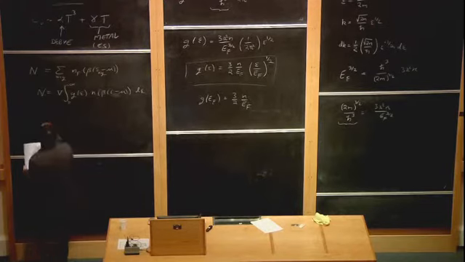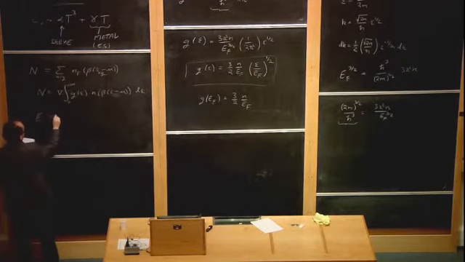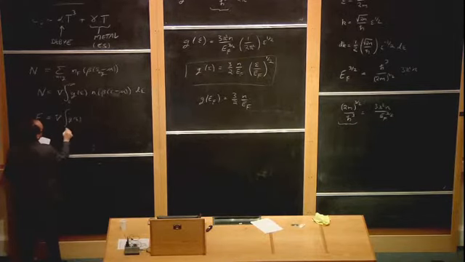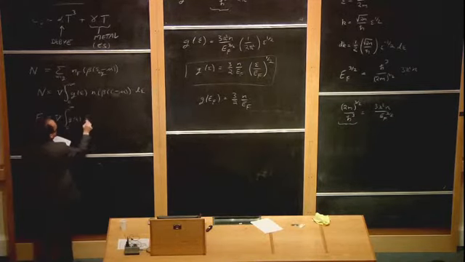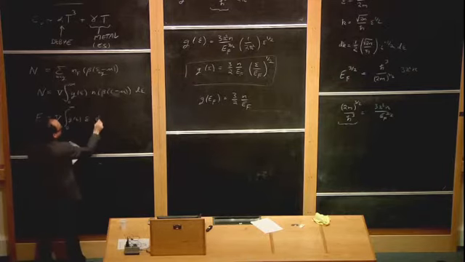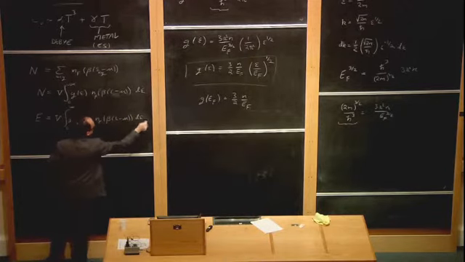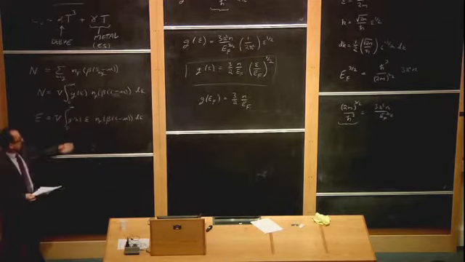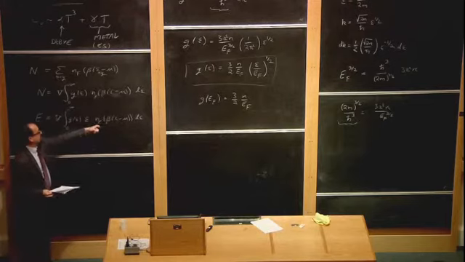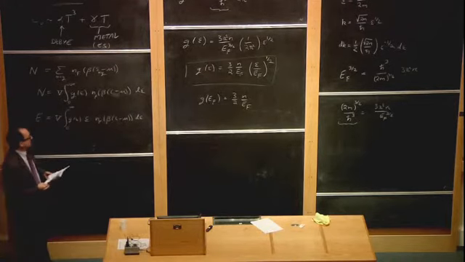Once you had the chemical potential, you could write an expression for the energy in the system, integrating over all states. But now you integrate the energy times the probability that a state is filled. OK? So instead of just counting the particles, you count the particles times their energy to get the total energy in the system.